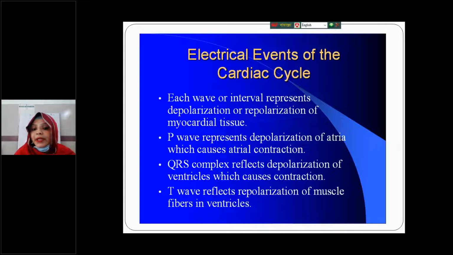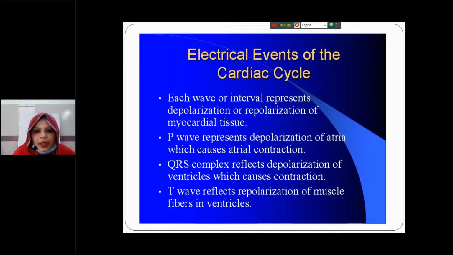Now, QRS complex. QRS complex represents depolarization of the ventricle, which causes ventricular contraction. Now, T wave. T wave reflects repolarization of the ventricles.